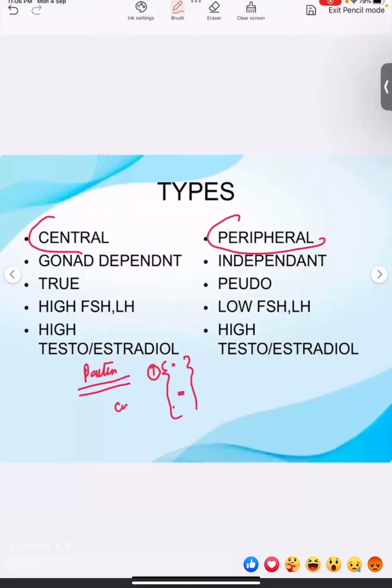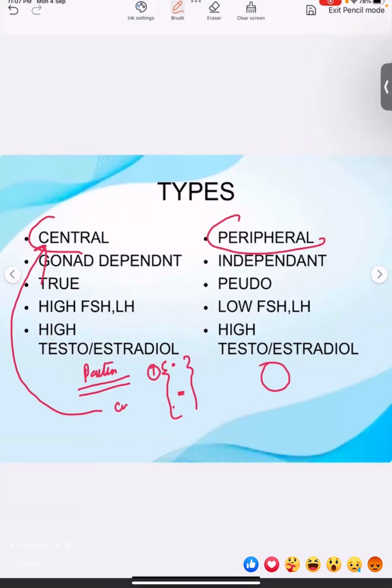It is also a sign of central precocious puberty. When it is central in girls, it is most likely idiopathic, and for girls we usually do not go for MRI and brain radiology unless there are specific features, like rapid progression, or a girl who comes with stage 3 or 4 breast enlargement.